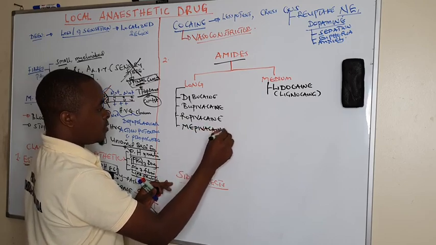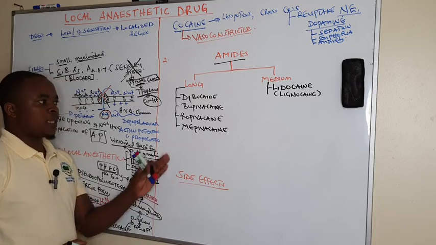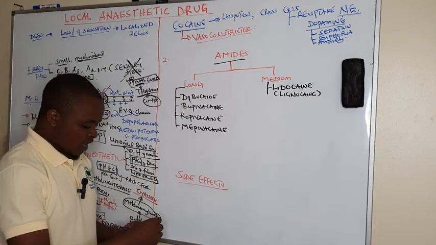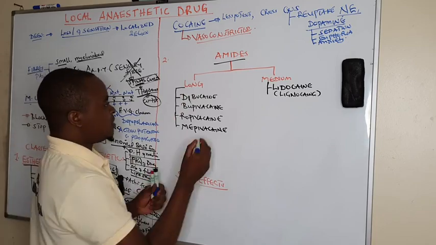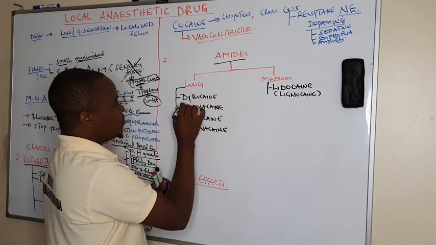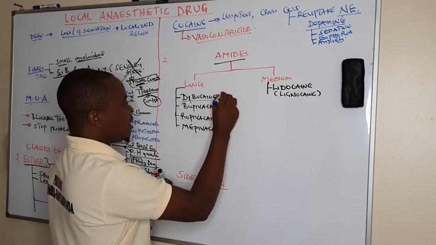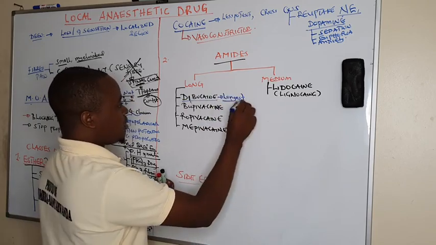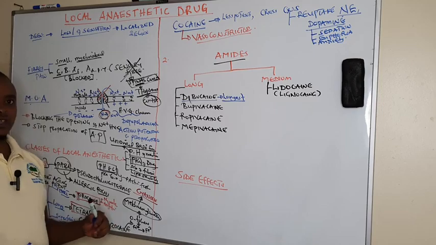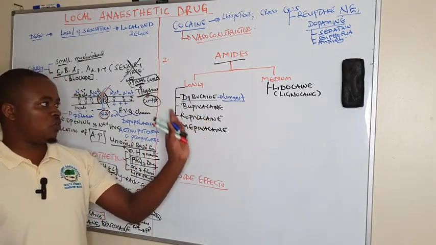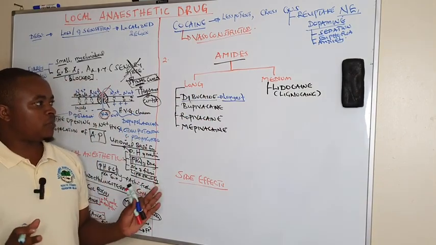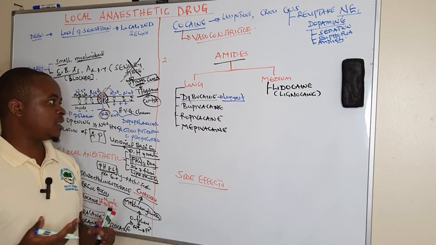So these are long-acting, but among all these long-acting ones, the one with highest potency and longest action is dibucaine. Dibucaine is the one with the longest potency. So if they ask you which amide has the longest potency or duration of action, that is dibucaine.